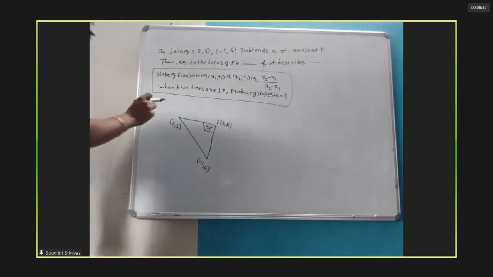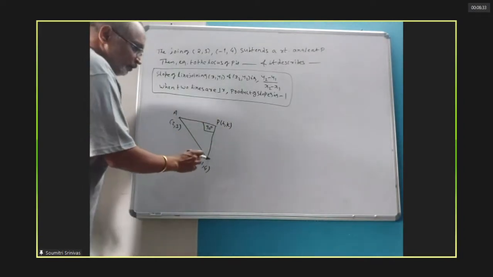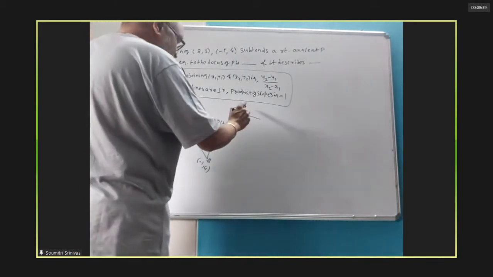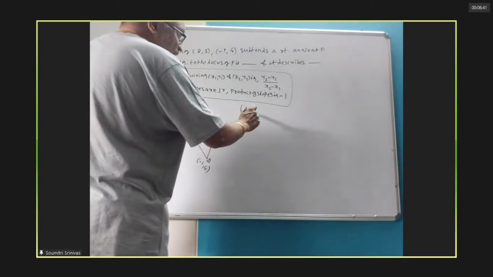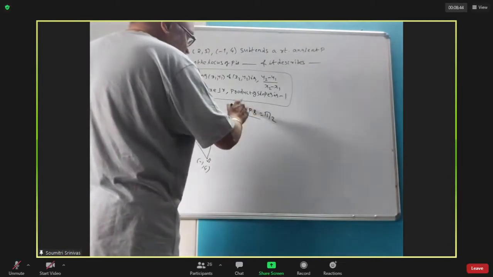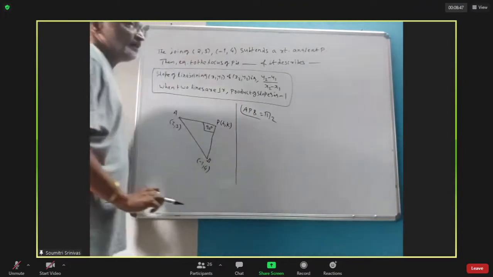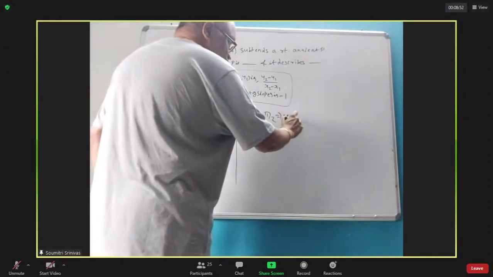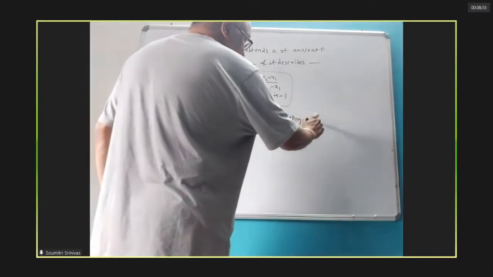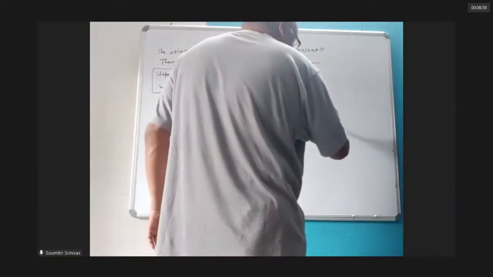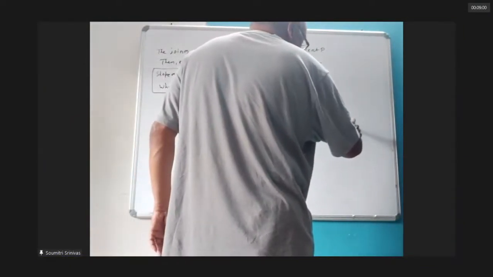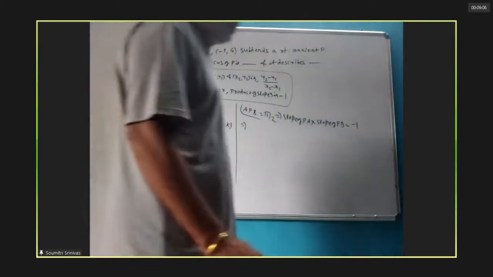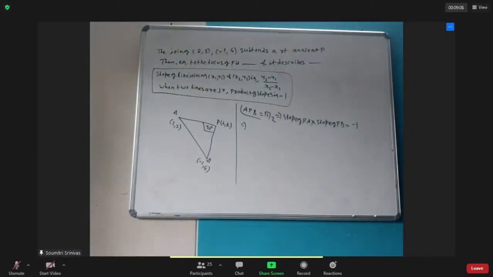We will call it (h, k). Call this A and this P. What is angle APB? Pi by 2. What do you mean by angle APB pi by 2? 90 degrees. Slope of PA into slope of PB is equal to -1. Come on, give me the answer. Get the locus, get the equation. Tell me what it describes.